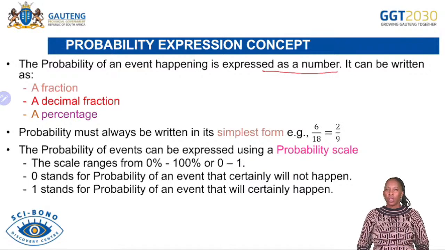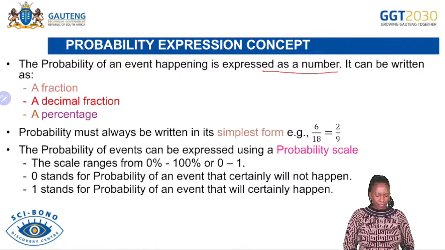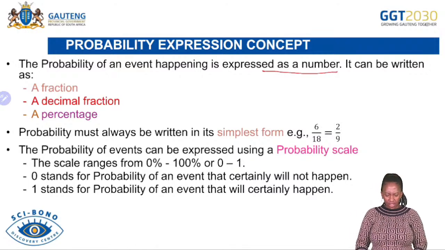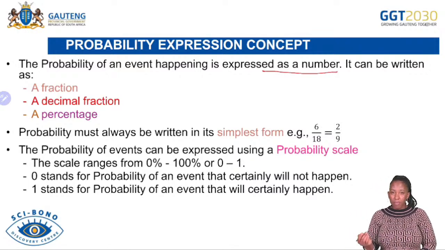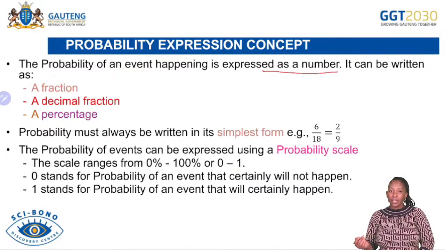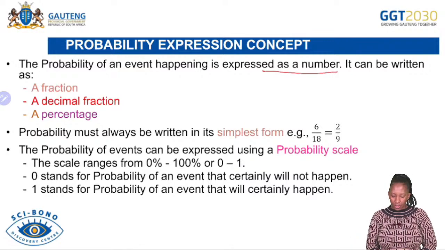Maybe you say 2 and then you leave it there. No, there's a way that we need to write this number. It can be written as a fraction, number 1. So what do I mean when we say probability can be written as a fraction? It can be written as a fraction, meaning a half, it's a fraction.